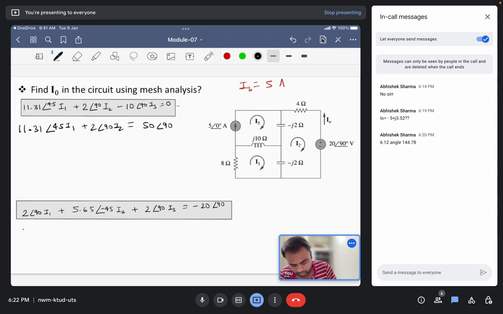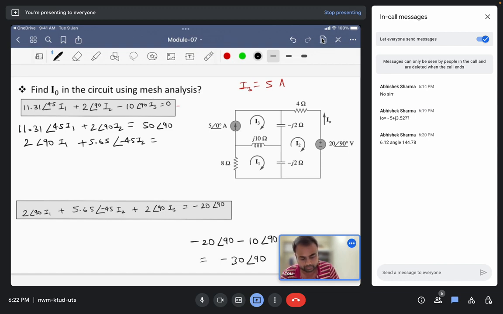So 2 angle 90 I1 plus 5.65 angle minus 45 I2 is equal to, on the right side, 20 angle 90 degrees minus 2 times 5, that is 10, minus 10 angle 90 degrees. So this will be minus 30 angle 90 degrees.